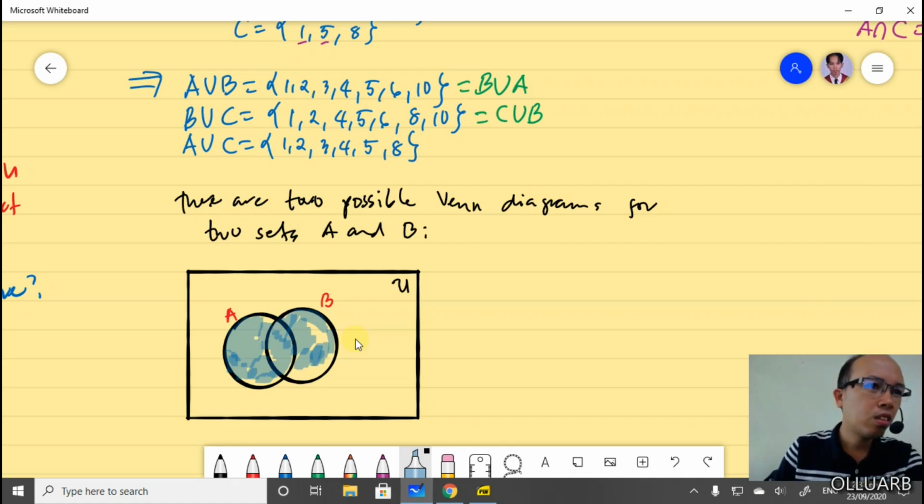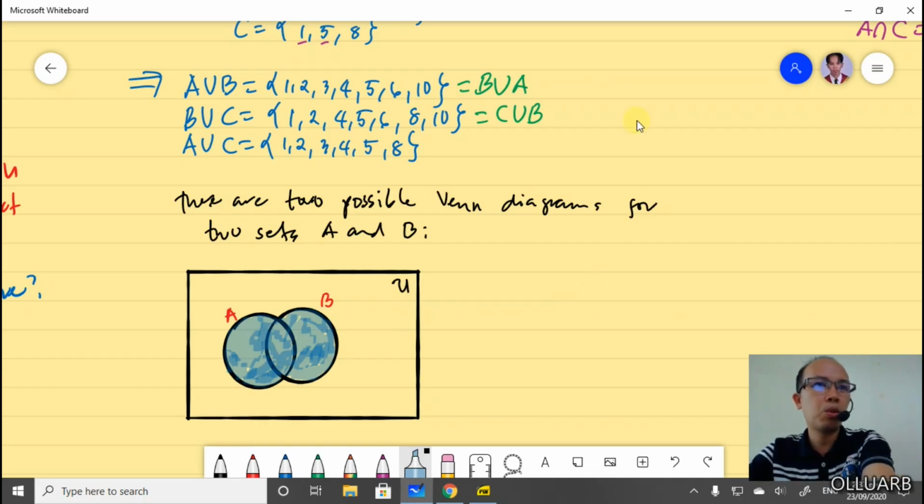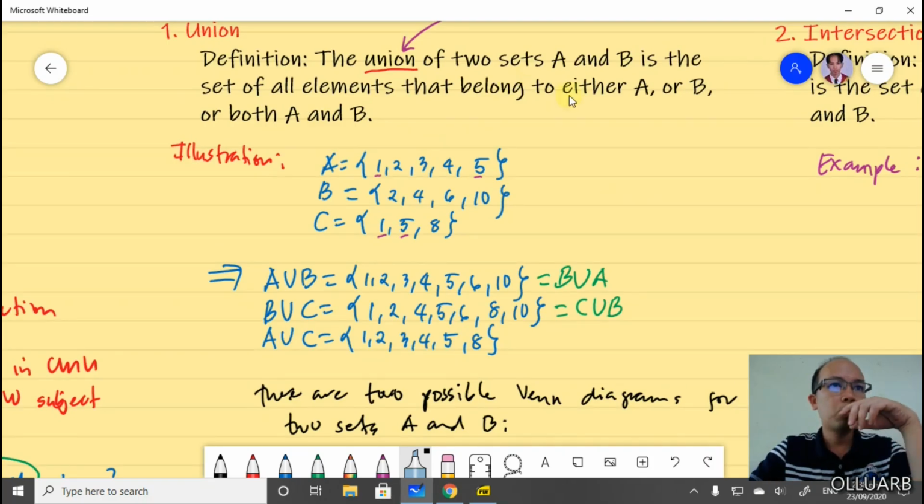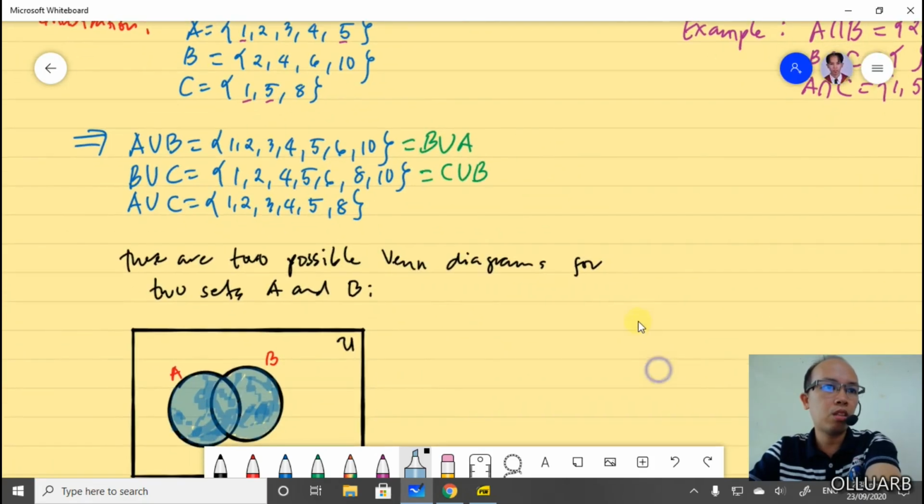Since it is union, it says in the definition that the union of two sets A and B is the set of all elements that belong to either A or B or both A and B. So meaning to say you have to shade all of them.